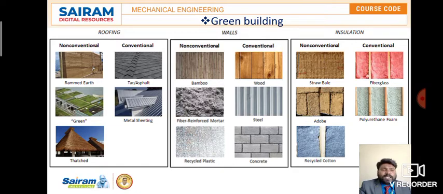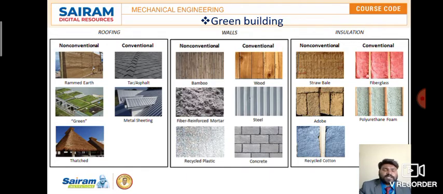What are the things that we can take, or how we can contribute? Suppose we are constructing a building or house, what are the things that we can do from our side? For example, I am just going to explain the conventional things and the other things that we can follow for the green building process. So first one is the roofing for constructing a building.